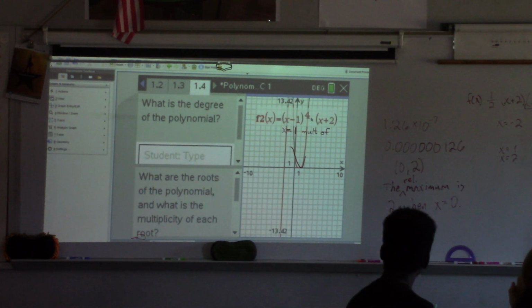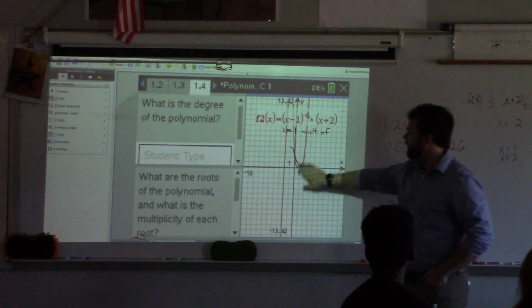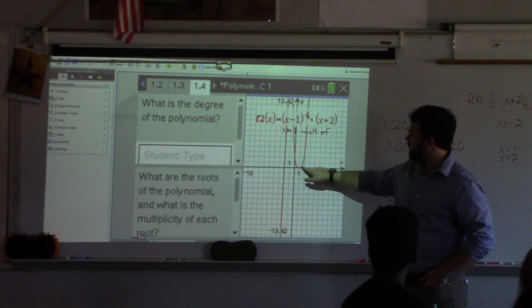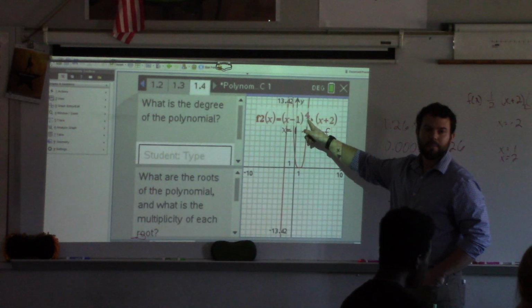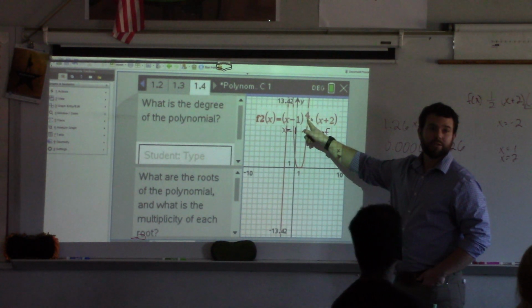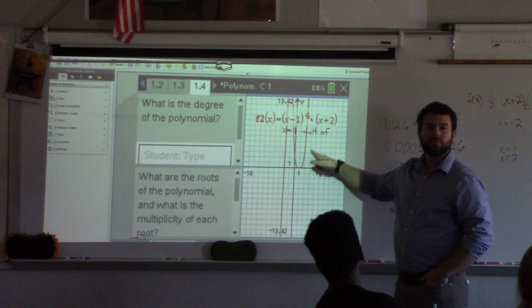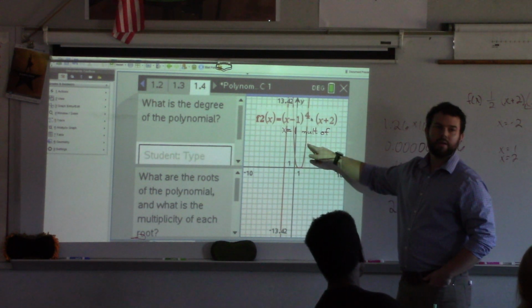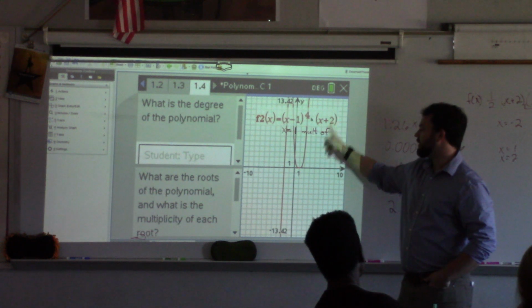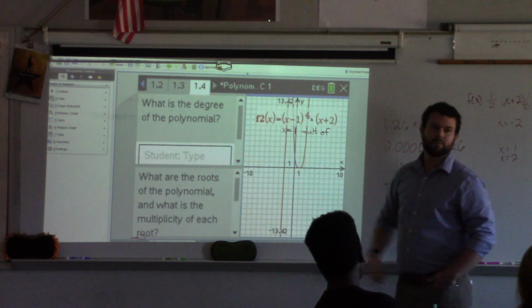Look at it now. It doesn't go through, does it? It just touches. But what's the multiplicity? 4. We actually started to look at this yesterday. With even multiplicities, it's going to touch and then go away, which means with odd multiplicities, it's going to go through.